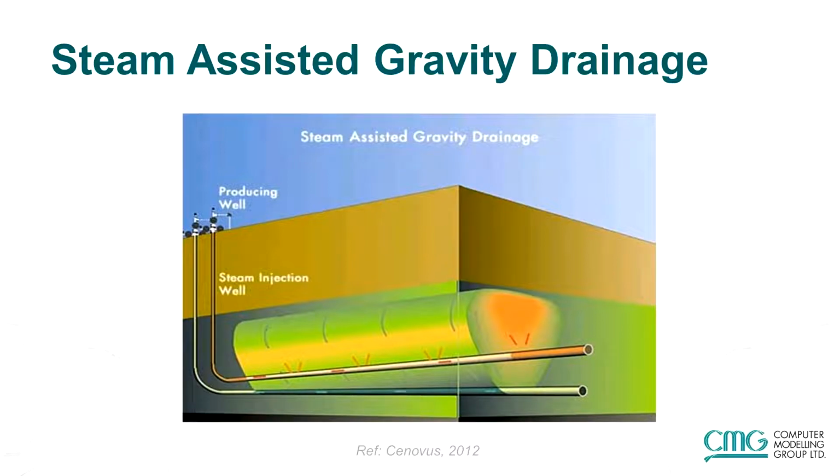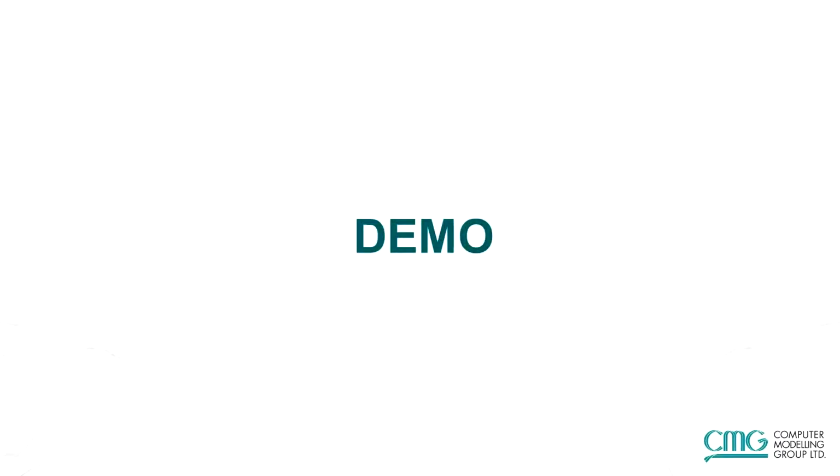So what you do in this particular case is you drill two horizontal wells. One of them is injector, which is the top one, and one is a producer, which is the bottom one. From the injector, you inject steam, and steam rises up because of gravity differences, and it heats up the oil. Oil becomes mobile, and it flows down to the producer and gets produced. So that will be my example in the demo.